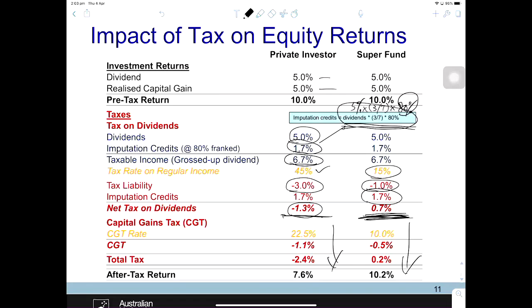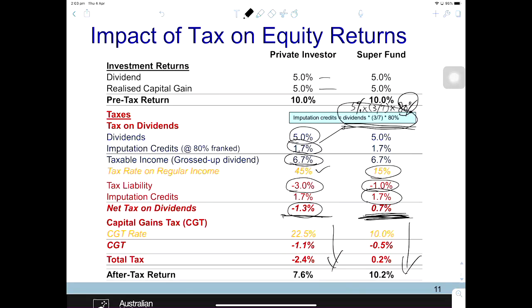So in Australia, if you hold an investment for 12 months or longer, you get a capital gain tax concession of 50%. In other words, if the highest personal tax rate is 45%, you only pay half of that tax rate on the realized capital gains.